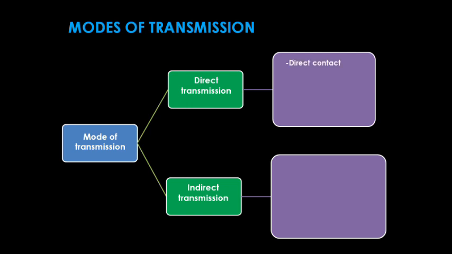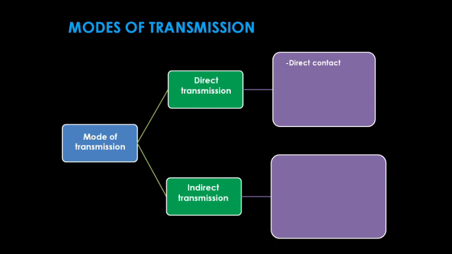The direct transmission includes direct contact. The infection is transmitted by direct contact of skin to skin, mucosa to mucosa, or mucosa to skin of the same person or another person. This type is an immediate mode of transfer of infection from source of infection to susceptible host.